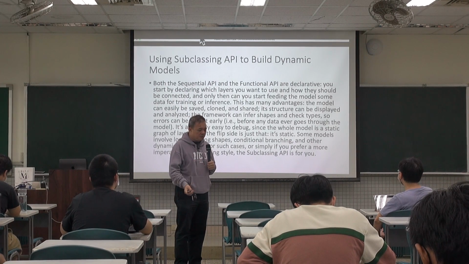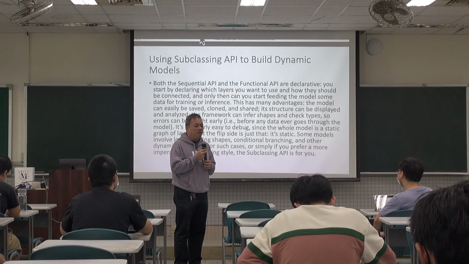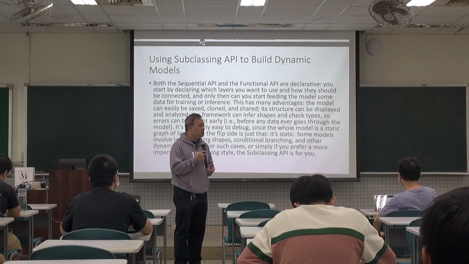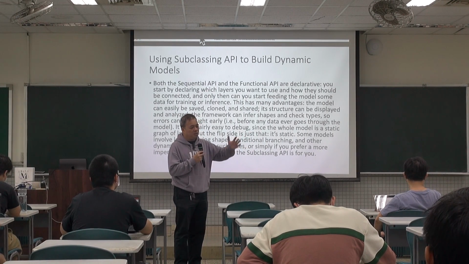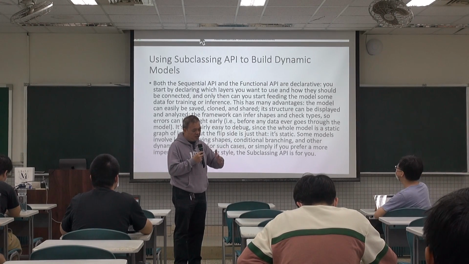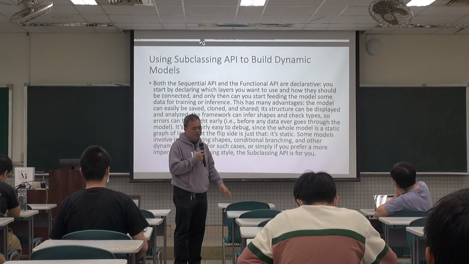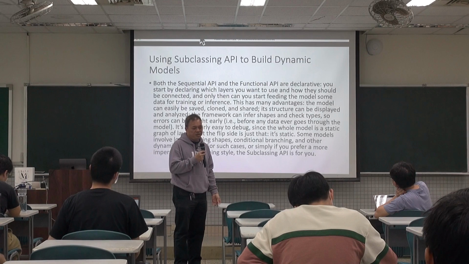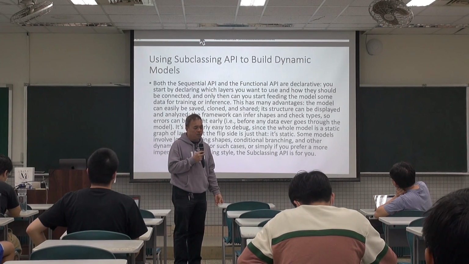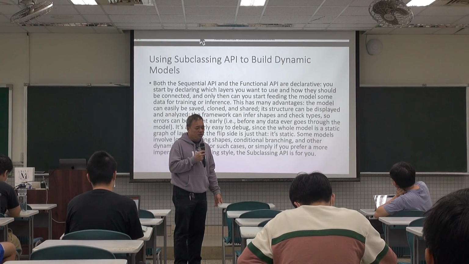So let me put it this way. If your model is a static model, if you are going to use the same model architecture during training and during inference, pretty much just stay with the same model architecture. That's when I say the model is static.